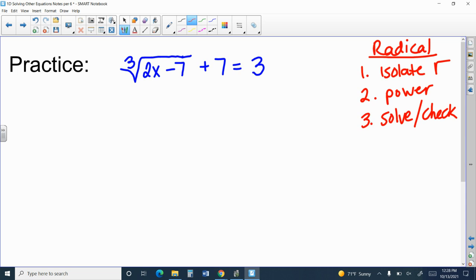Oh, okay, I see your mistake. So here, this is right. Then on this side, because you cubed it, the cube root and cube get rid of each other. So now what's left on this side now? Yeah, just the 2 minus 7.